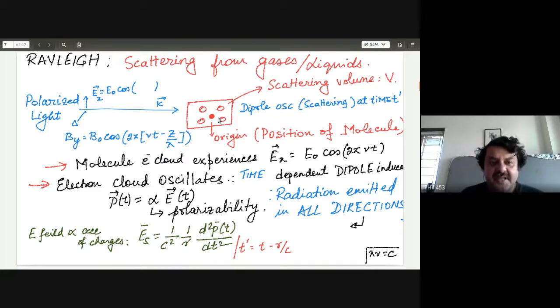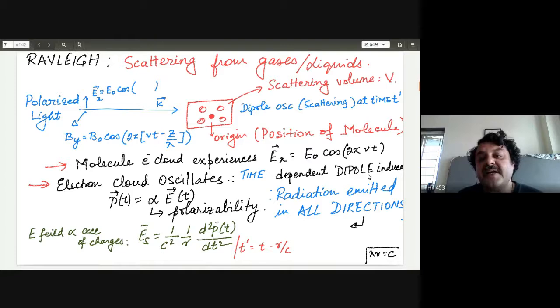If you have visible light, when light is incident, the electric field is much stronger than the B field. The molecular electron cloud experiences an electric field due to which it starts to oscillate, which results in a time dependent dipole.